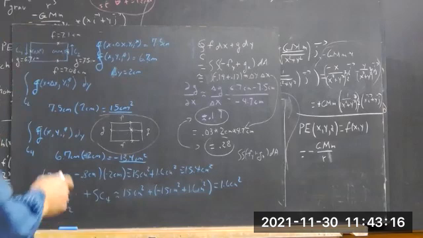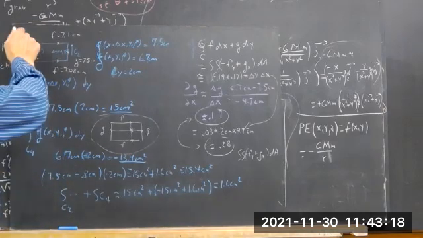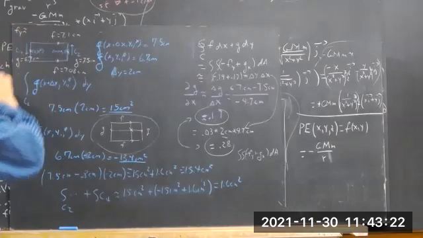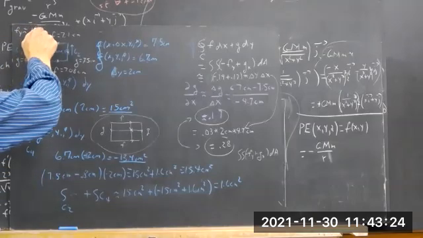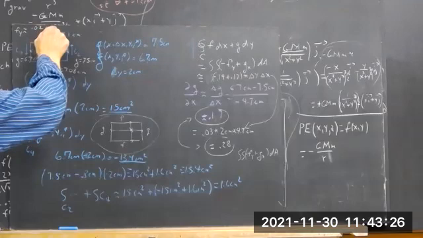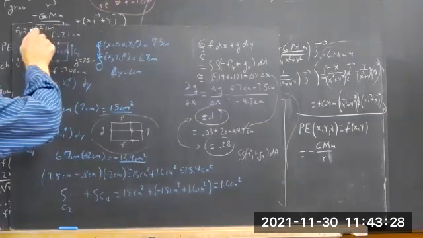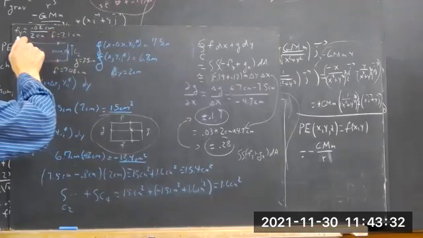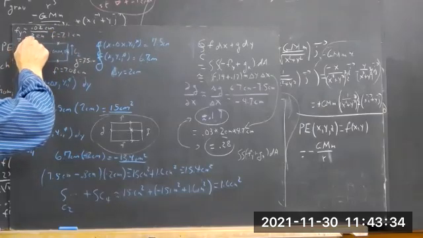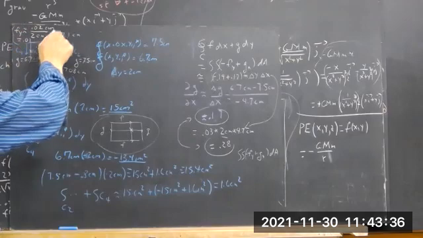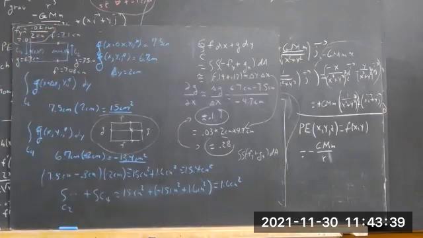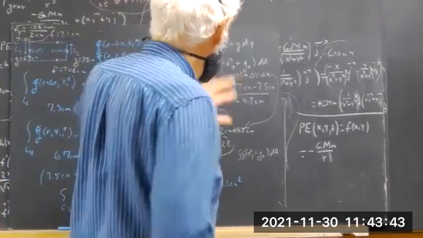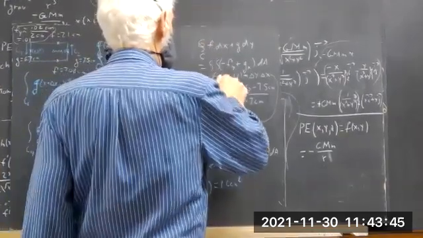Okay. So we can say that, well, that's our Fy. Our negative Fy will then be negative 0.01.